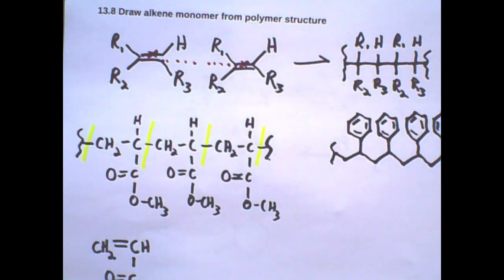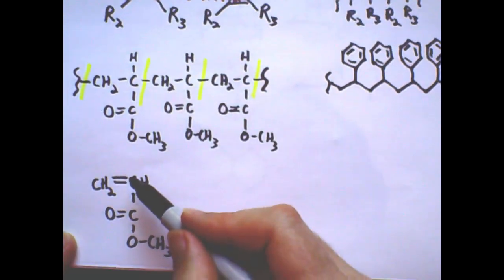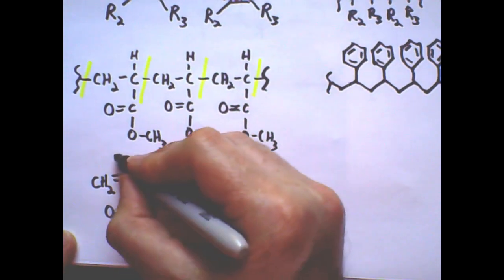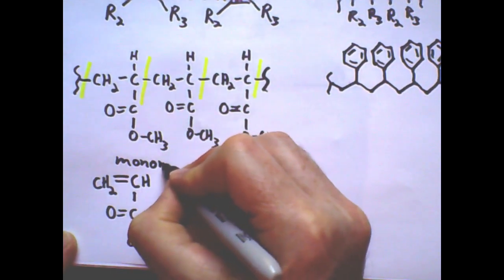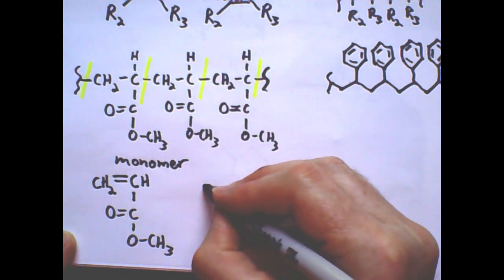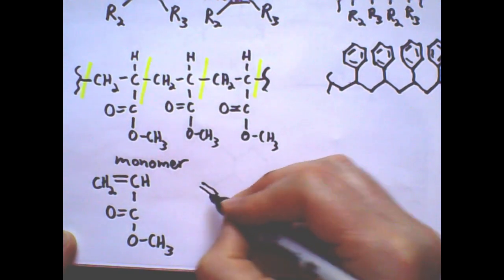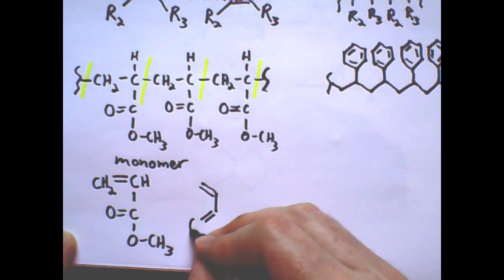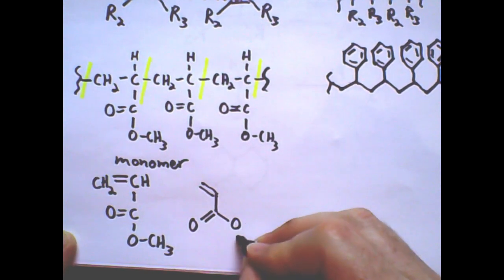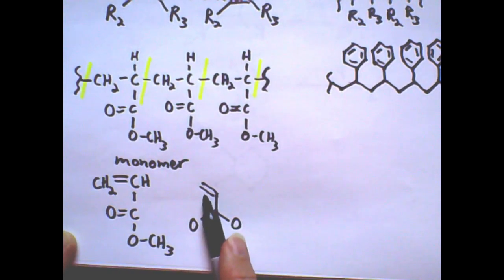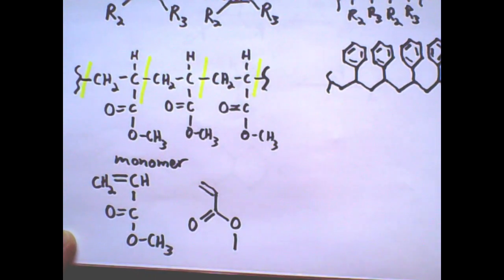So this that I've drawn here is the monomer unit. And because you've practiced, you can draw these many different ways. We could do a skeletal structure. And this would be the alkene that reacts to form the polymer.